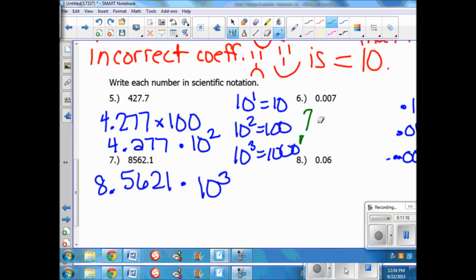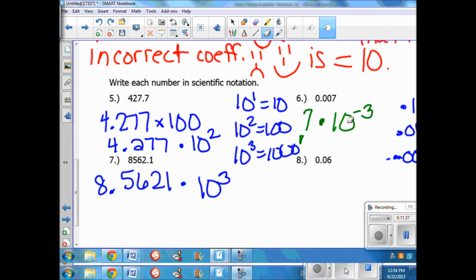So I've got to say 7 times, now what's my power of 10? So my power of 10, okay, I said thousandths. Okay, so we've got to go with -3.